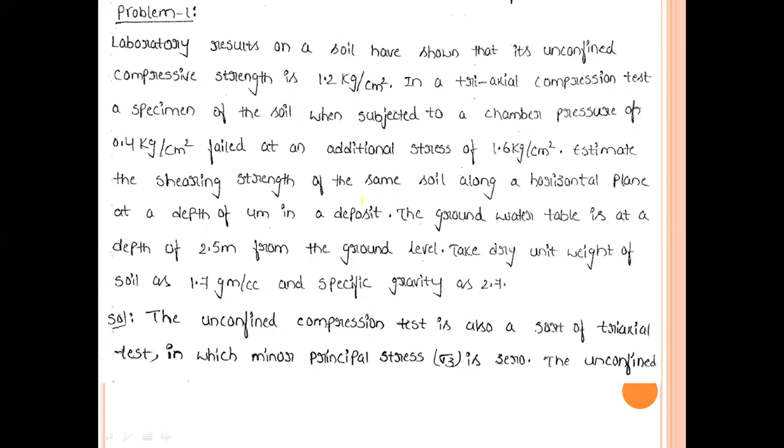Estimate the shearing strength of the same soil along a horizontal plane at the depth 4 meters in the deposit. The groundwater depth is at a depth of 2.5 meters from the ground level. Take dry unit weight of the soil as 1.7 gram per cc and specific gravity as 2.7.